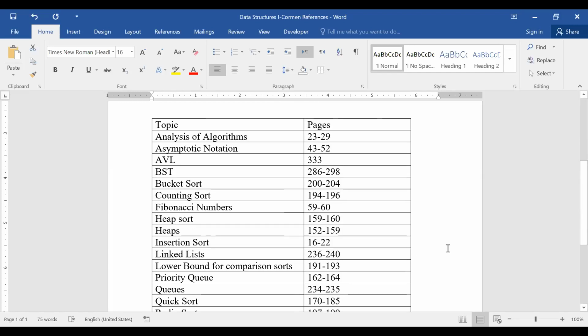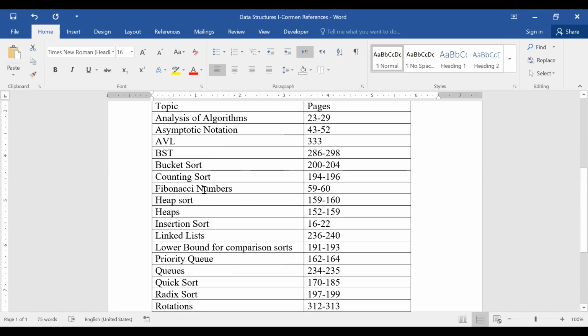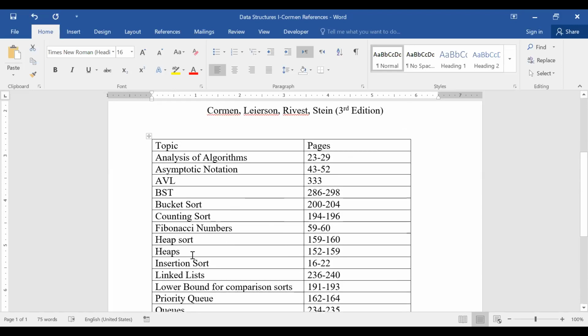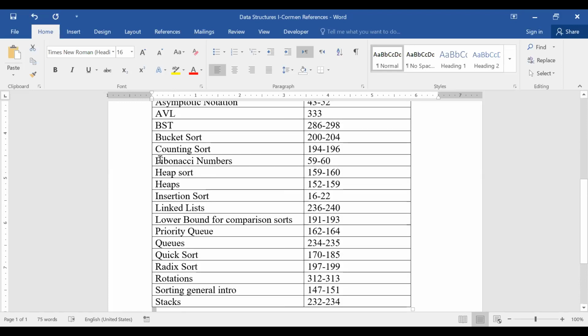So what I did is I took the topics and I sorted them according to the ABC, so there's no logical connection in the order here, just different things. I bring to your attention Fibonacci numbers.